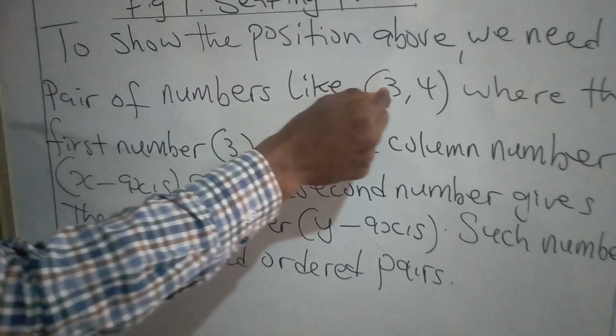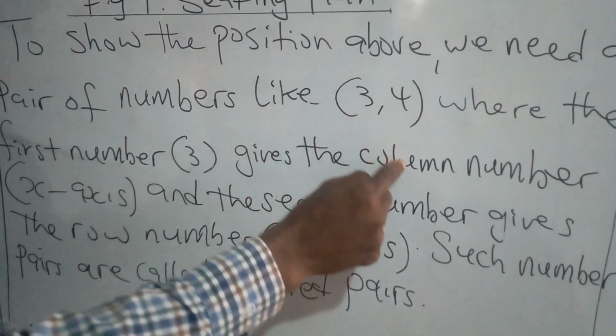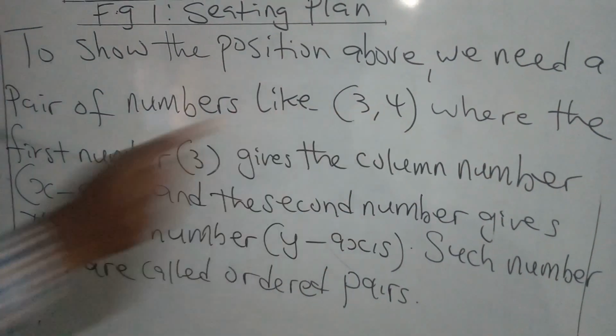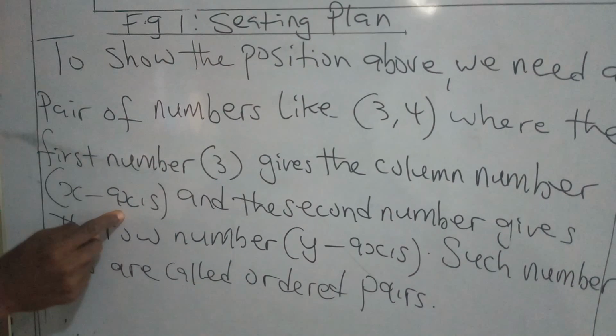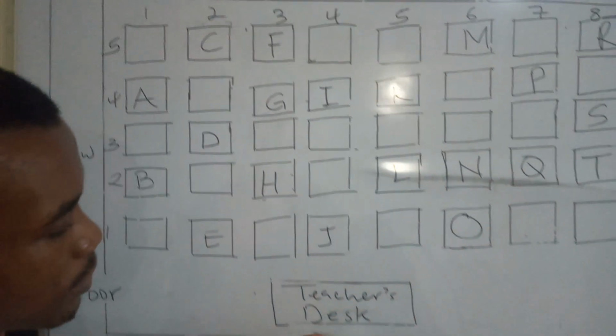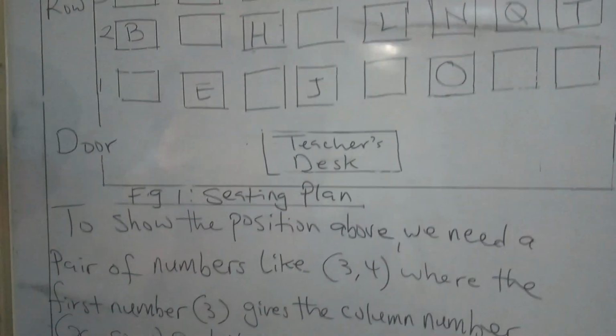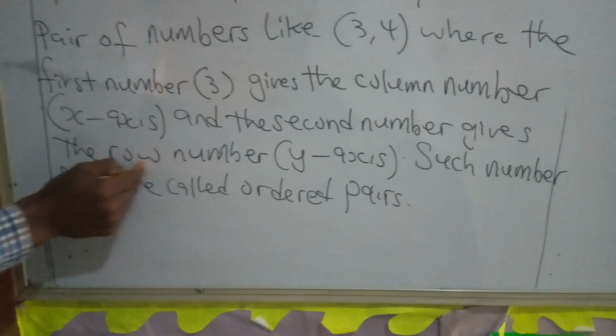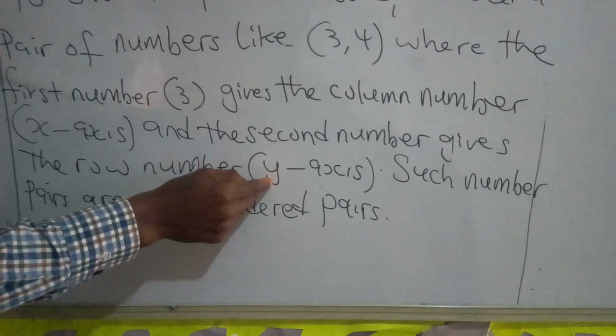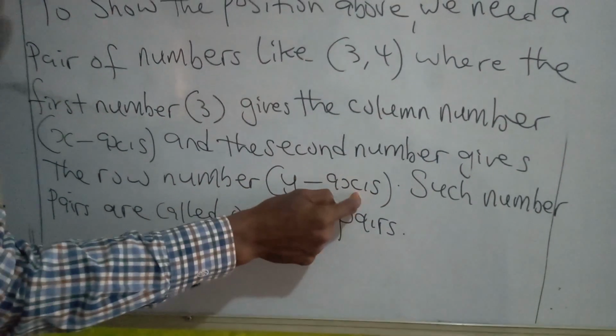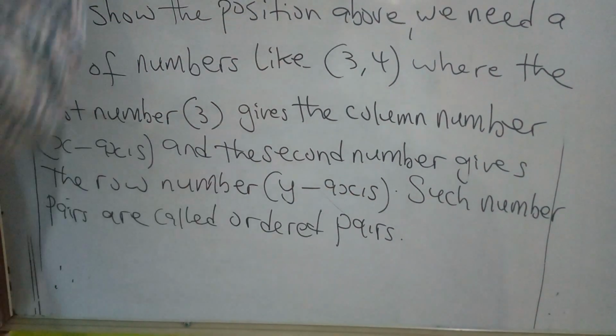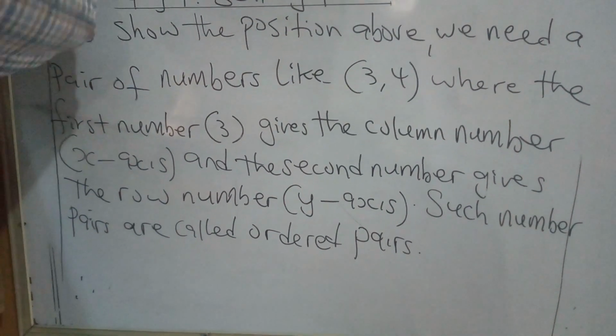And we should know that this first one, which represents the column number, is also called your x axis. X axis, because it's resting on the line, on this straight line. While the second number, which is called the row number, is also called the y axis, because it is resting on the vertical line.